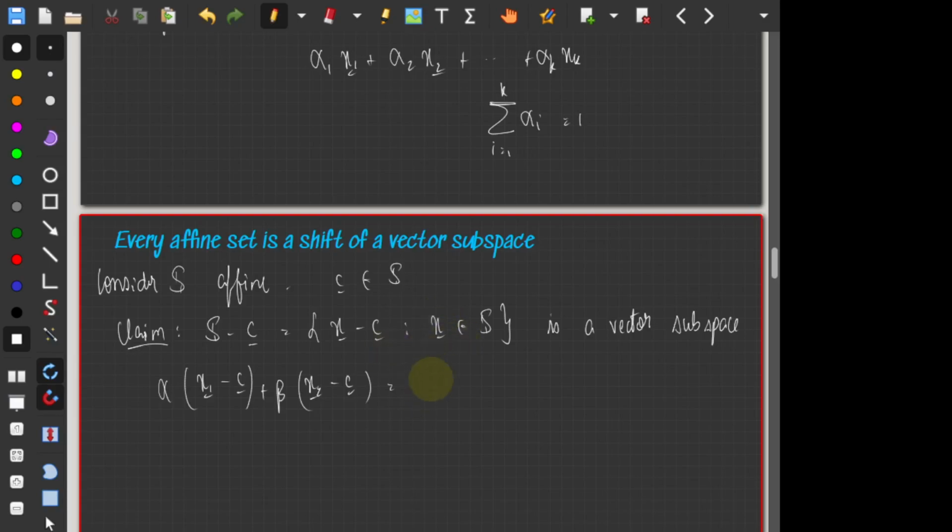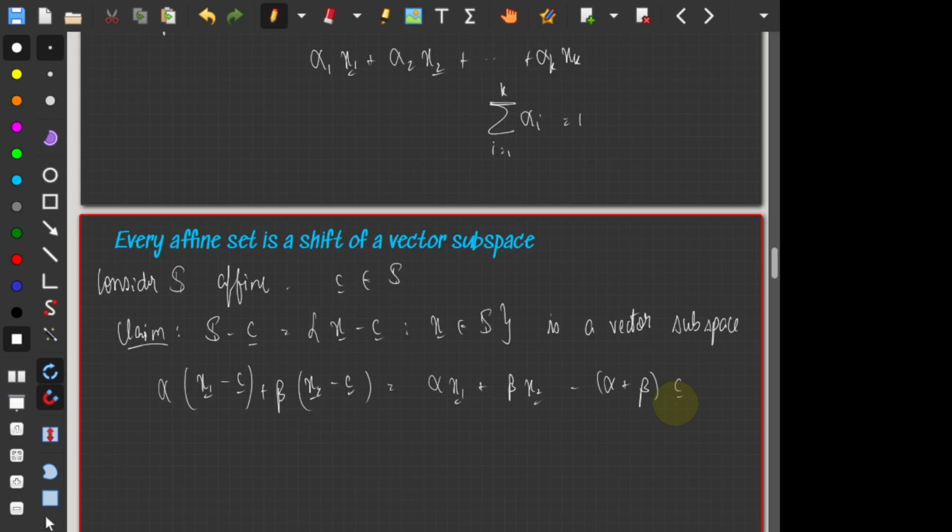So this is alpha x1 plus beta x2 minus (alpha plus beta) c. Do you know that beta x2 belongs to S? No, we don't know that. x1 and x2 belong to S, but only an affine combination of x1 and x2 belongs to S. Affine combinations of more than two points also belong to S.